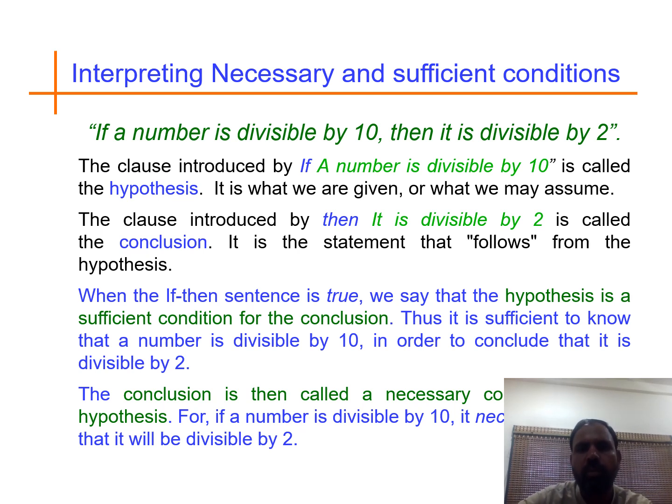If a number is divisible by 10, then it is divisible by 2. Think about this statement. The clause introduced by if, remember, you have to put some emphasis on it: if a number is divisible by 10.